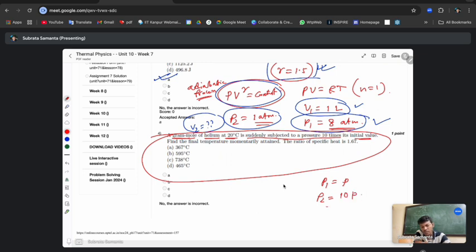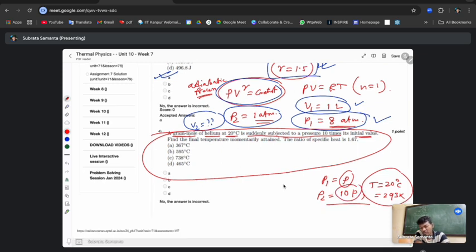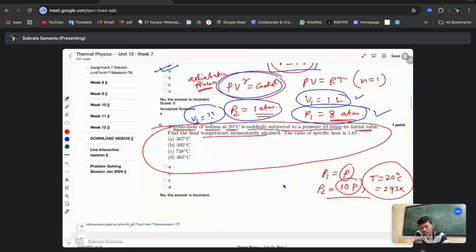Let's say the initial pressure is P and it changes to 10 P. The temperature T is 20 degrees centigrade, which is basically 293 Kelvin. Find the final temperature momentarily attained.